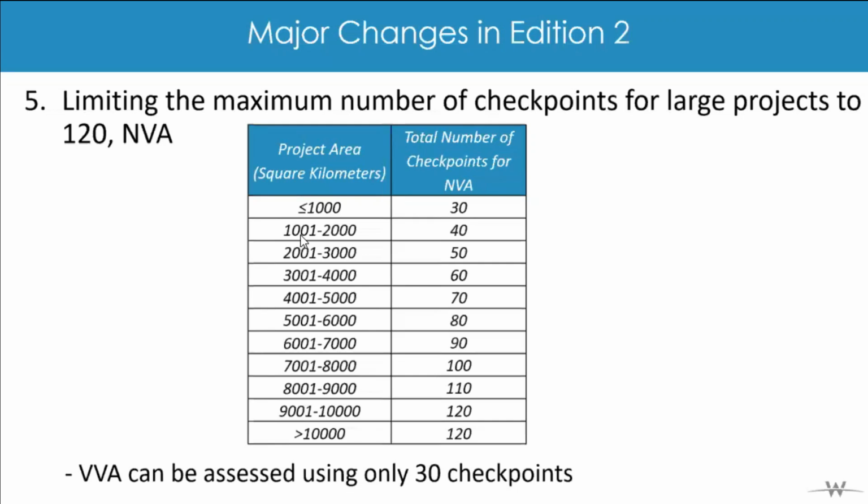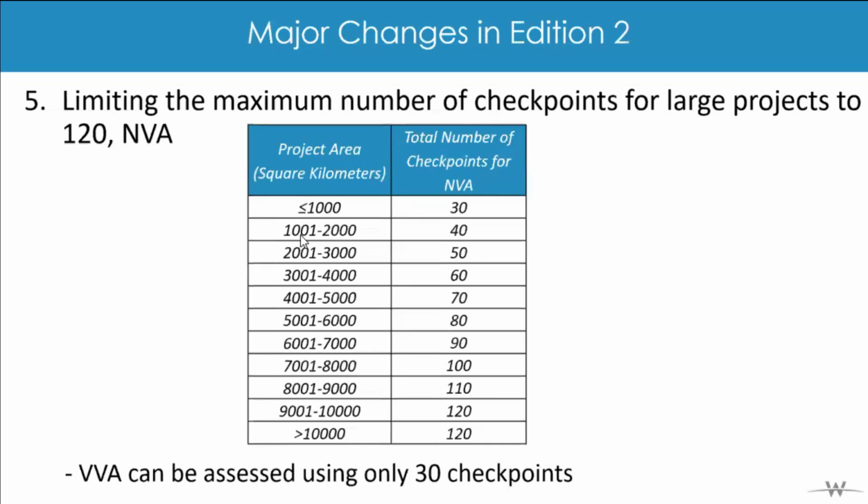But also our table, the one you see, was a sliding scale to infinity. So if you have a huge project, you might end up with 3,000, 4,000 checkpoints, which is a huge number, and it adds a lot to the bottom line and the budget of the project.